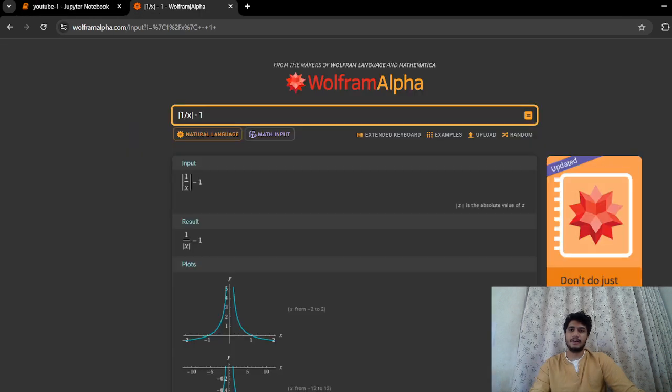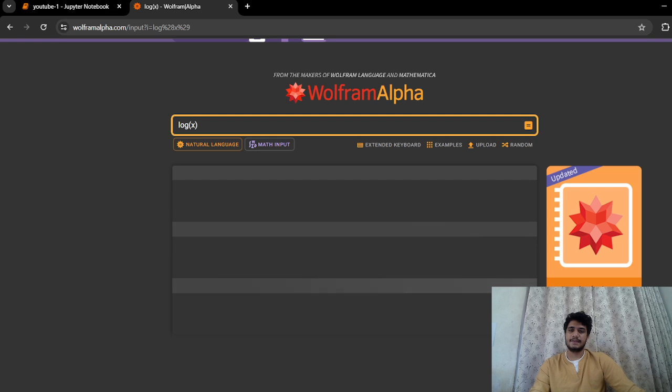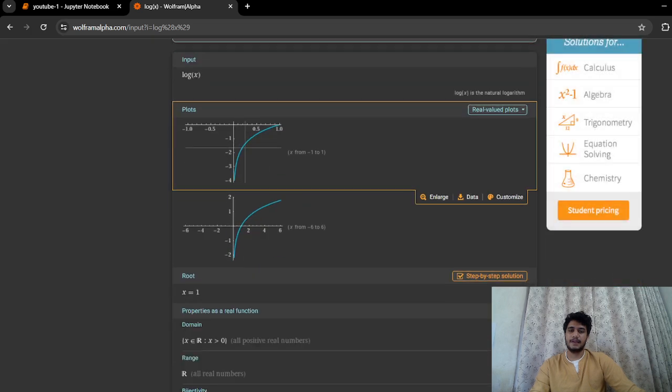But now if I look at the log of x, this graph is very much what we want, because this graph tends to become minus infinity at probabilities very close to 0, and it becomes 0 at log of 1, when x is 1.